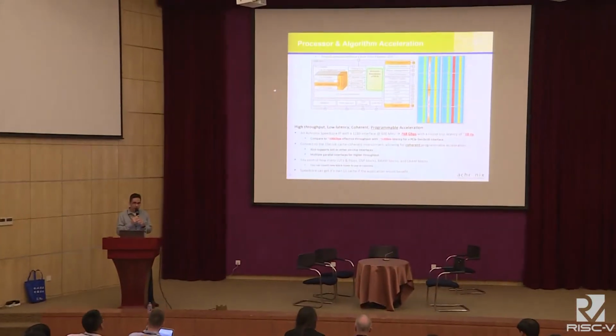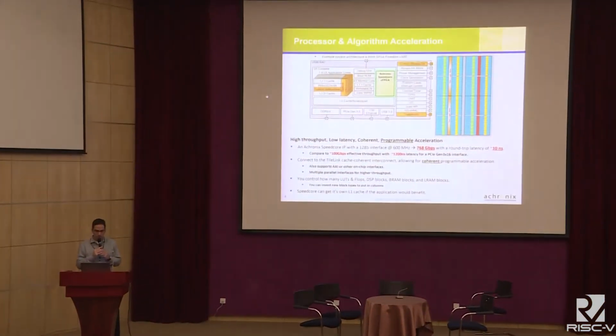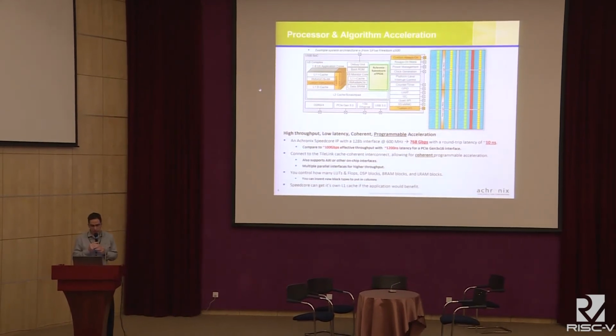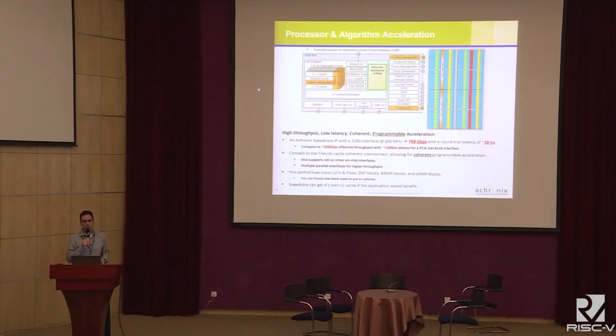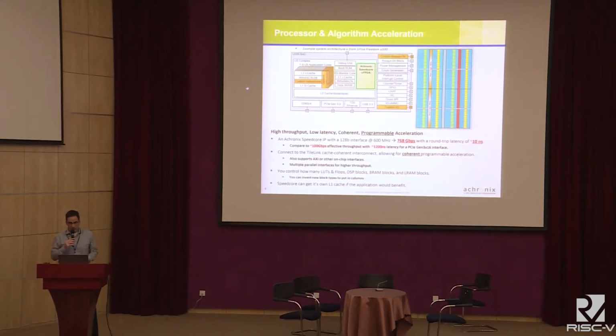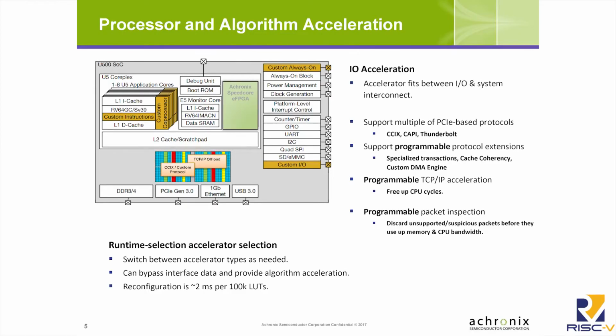So that's a custom IP block. A portion or a tile column in the embedded FPGA will be dedicated to whatever custom function you want to implement in your core. The block diagram doesn't show it here, but if the application will benefit from it, the SpeedCore embedded FPGA can also have its own L1 cache.